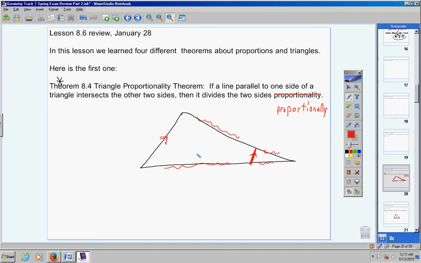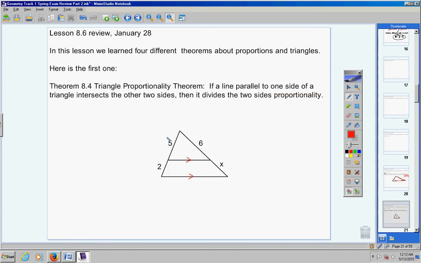Now, let's look at an example and go over this, okay? So look, if you're given a problem like this in the final exam, you should be able to solve for x. Copy this in your notes, please. Copy this down. I'll give you a second to do that. Now, here's what it's saying.